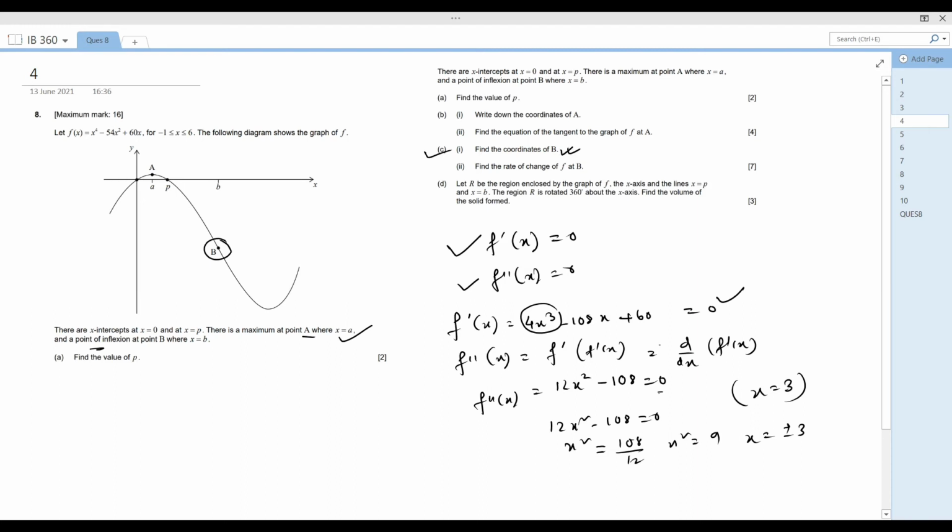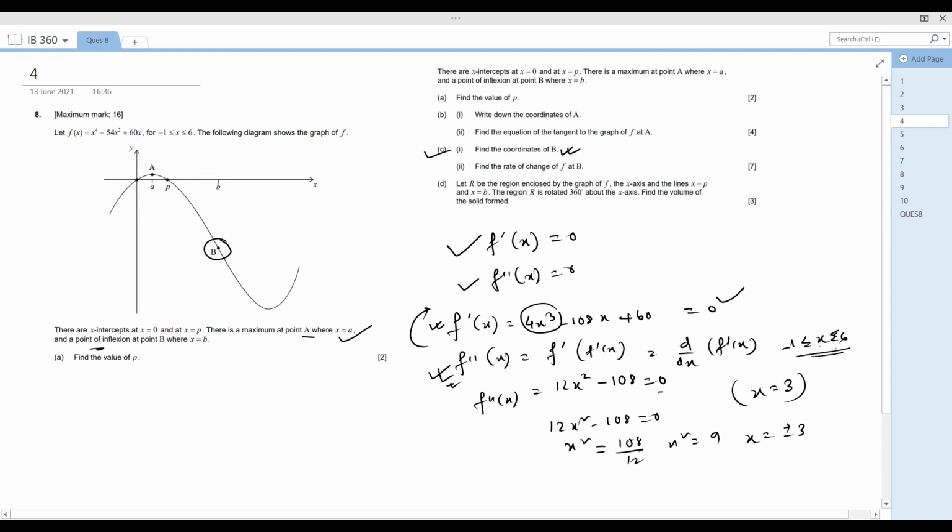Now you can ask why we have not used f dash x equals 0. The primary equation to find the inflection point is f double dash x, and if f double dash x does not have any solution within our limit, then we go towards f dash x. But we have 3 in our limit, that is minus 1 less than or equal to x less than or equal to 6.